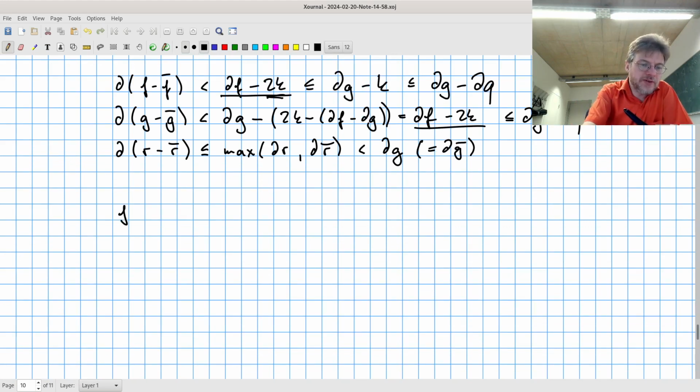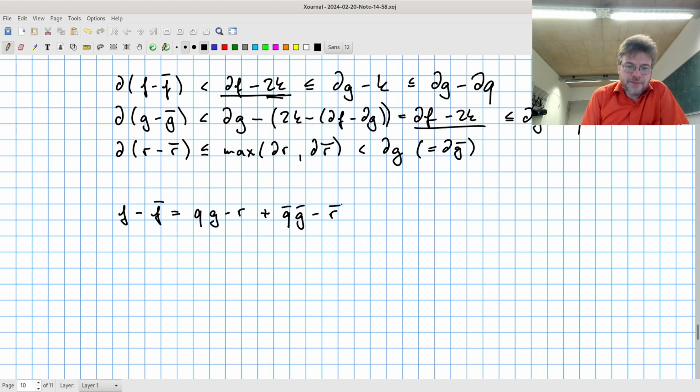Okay, so let's see. f minus f bar is equal to q g minus r plus q bar g bar minus r bar. So now I don't know yet that q and q bar are equal, but I want to combine these two terms, this one and this one. I can do this by adding and subtracting something.